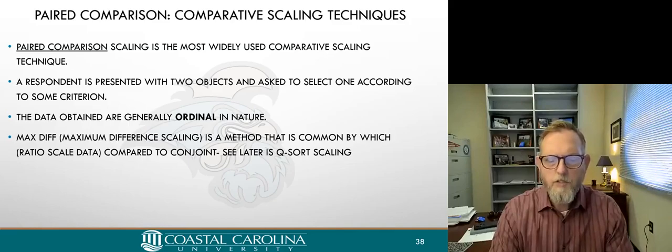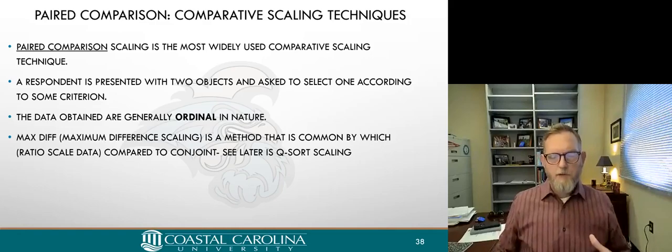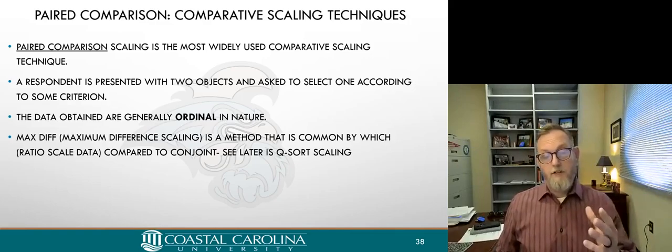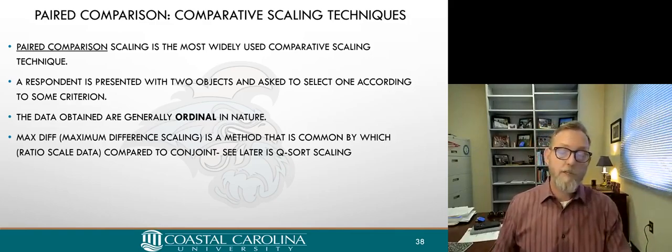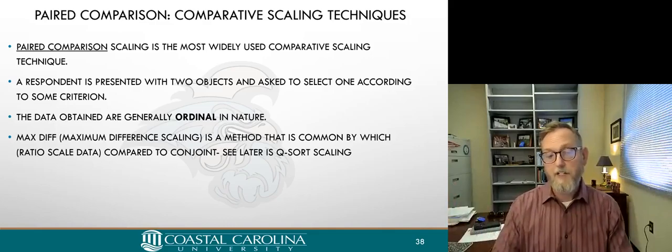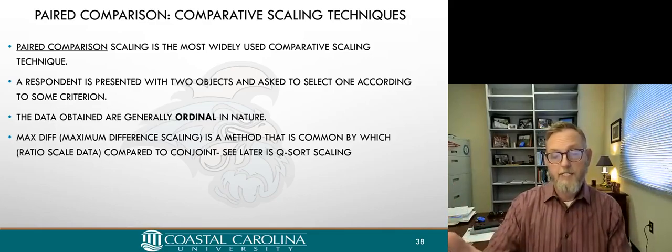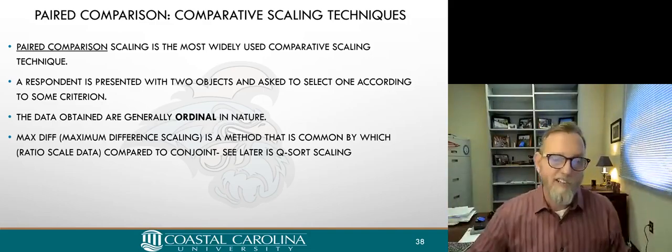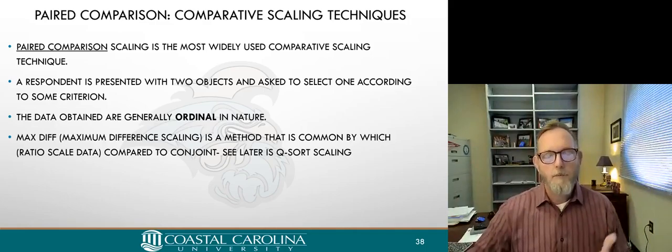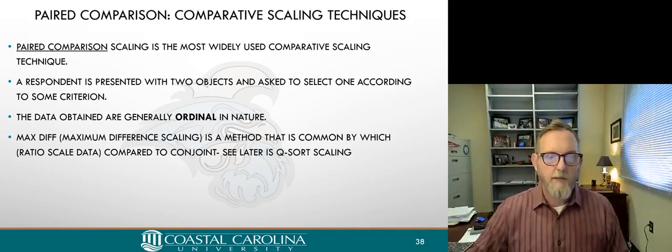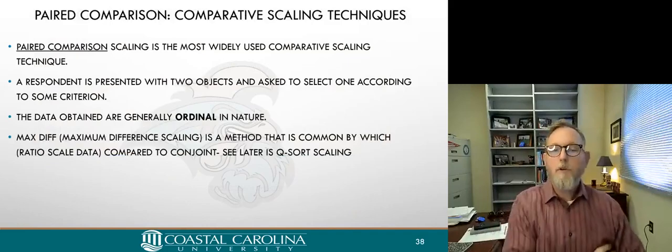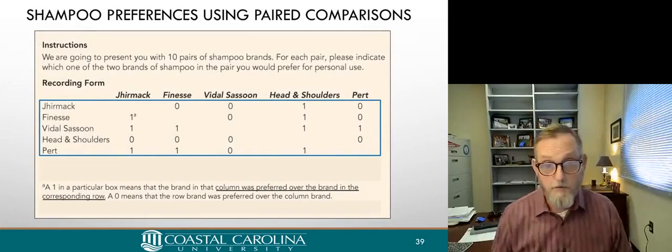It's similar to a Q-sort, which you see later, but basically the idea is you give respondents in a max diff test an option of maybe a product with one attribute and then another product with a different attribute, and you simply ask them to rate them or compare them, and you put things in order. Max diff is one example here, and we'll see some of these a little bit later on as well.